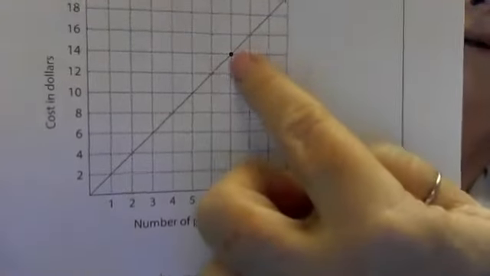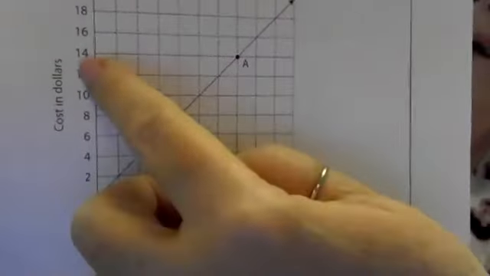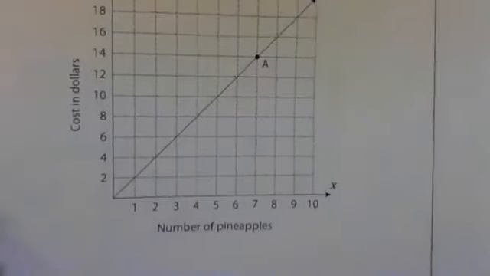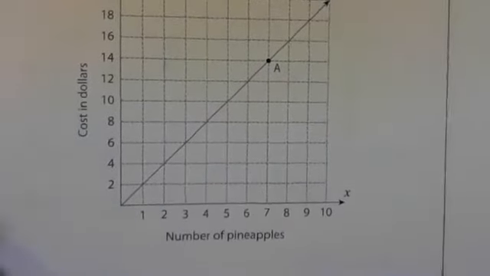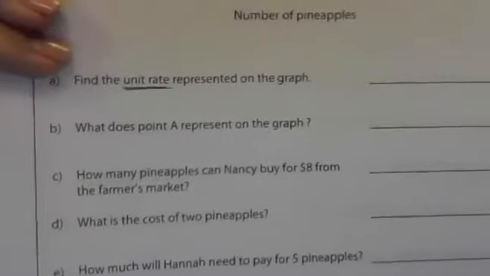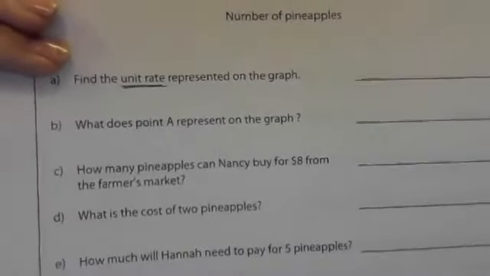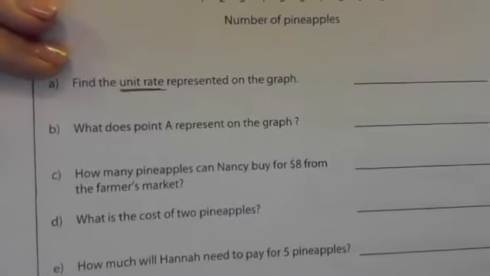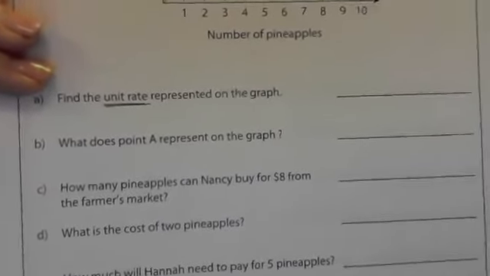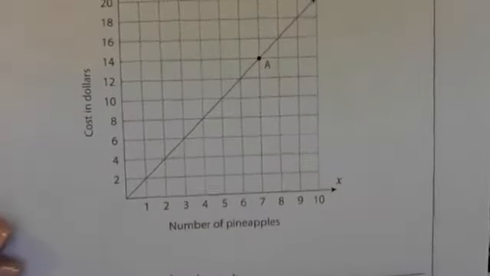7, we just looked at that. 7 goes up to A, and the cost is $14. Okay, that's what point A represents. Now, they ask you on the third question, how many pineapples can Nancy buy for $8? You go straight to $8.